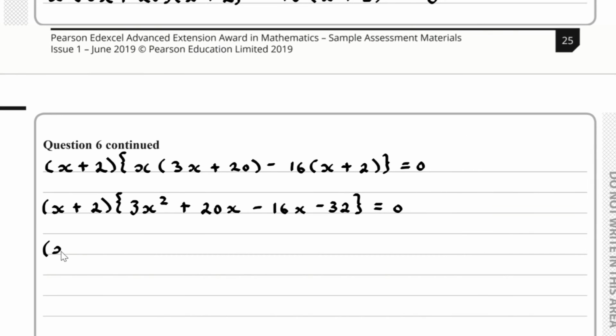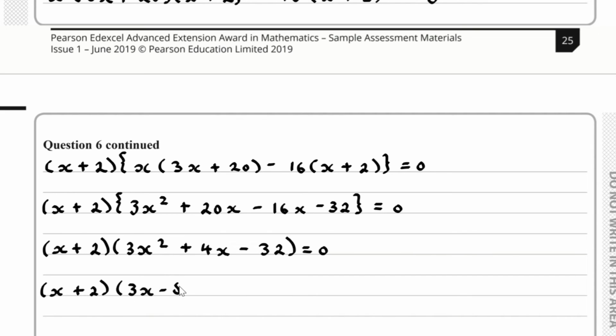So I have x plus 2 multiplied by 3x squared plus 4x minus 32 equals 0. Can factorize again. So I've got 3x squared plus 4x minus 32, which can be rewritten as 3x minus 8 multiplied by x plus 4. And then I've still got the x plus 2. This is all equal to 0.